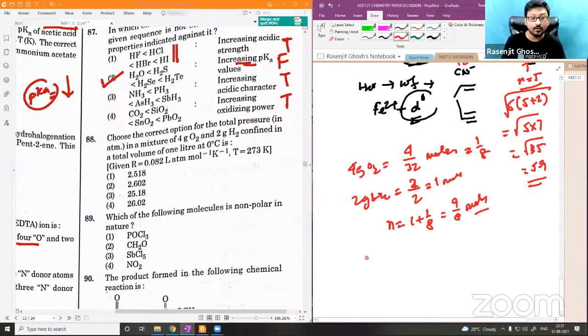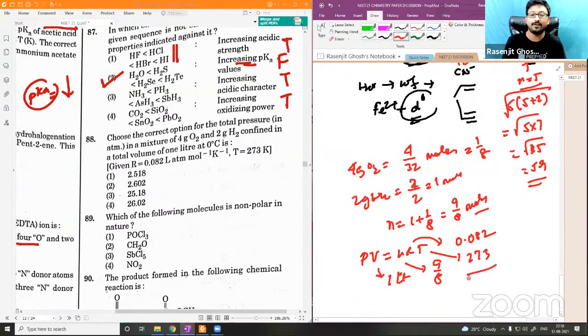Right? So now you have to calculate the pressure. PV = nRT. We know volume is 1 liter. n is 9 by 8. R is already given, 0.082. And temperature is given as 273 Kelvin.